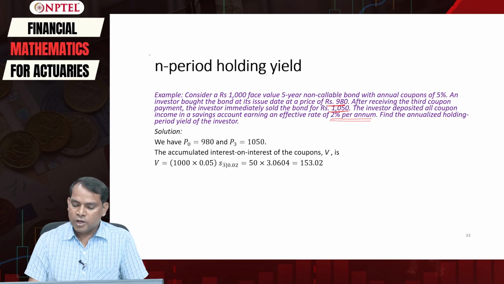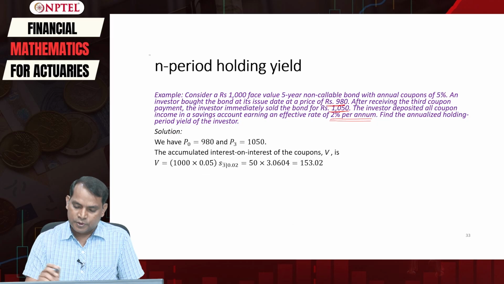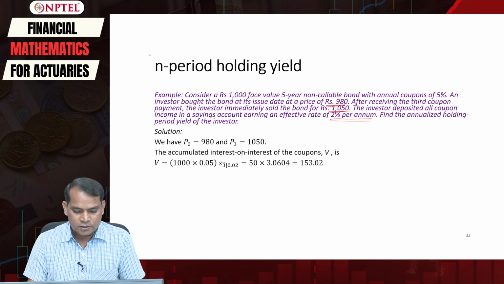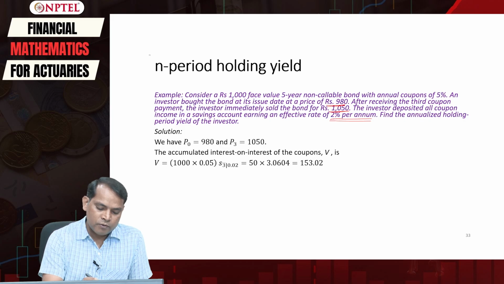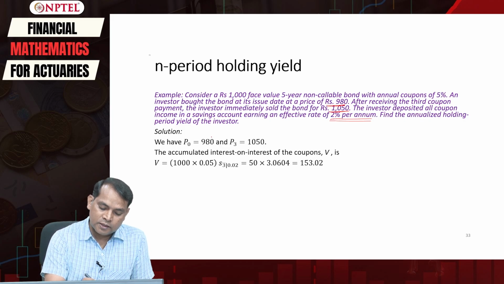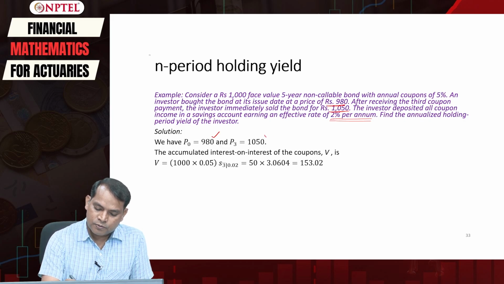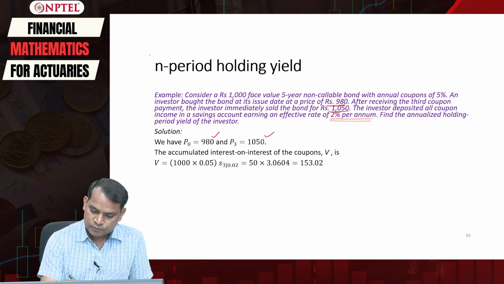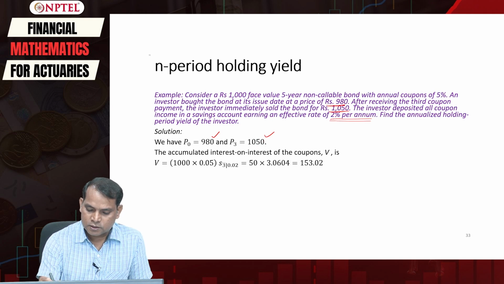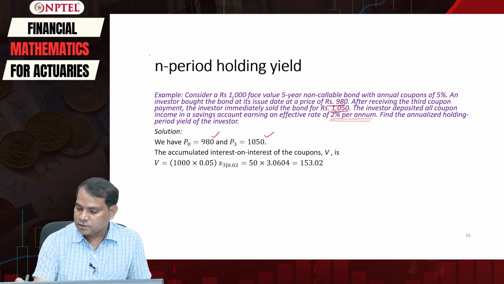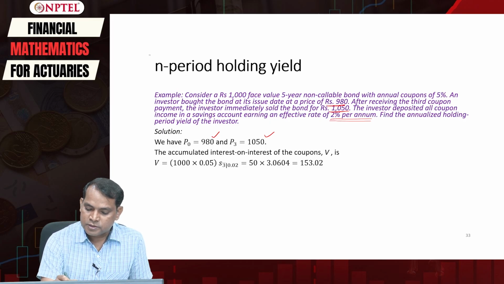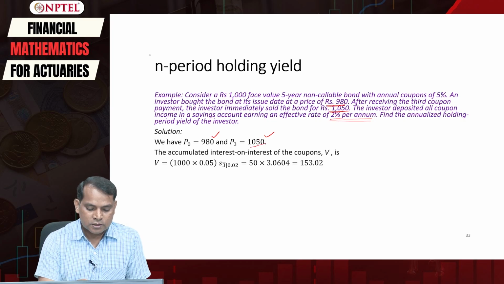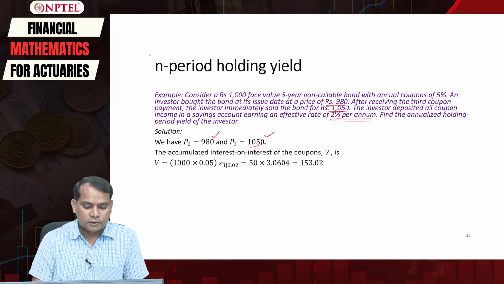So, we have here P0 and P3. P0 is equal to 980 and P3 is equal to 1050. After receiving the third coupon payment the investor immediately sold, so this is the selling price, and this is the buying price 980.